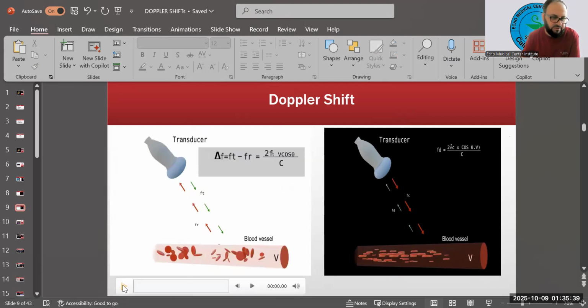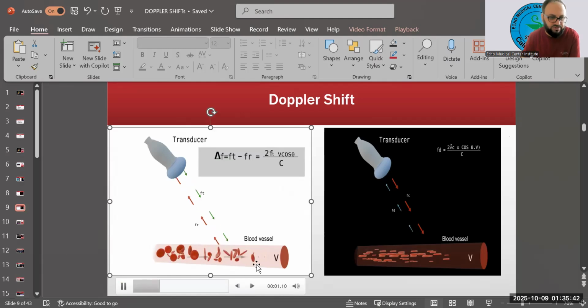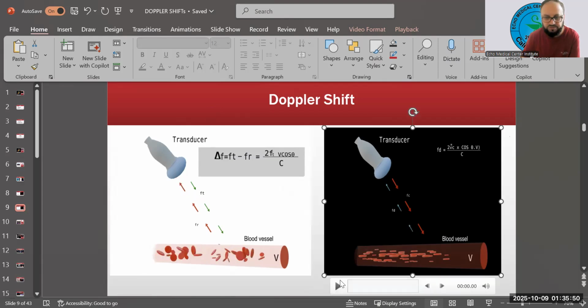That will be another example. Again, it's one of the examples you can see here too. You see the flow is coming towards here. And then you get stronger echoes from here. And here, if you look at this one, you see that you are using more transducer, higher frequency, but in the reception, in the return, you get thinner, smaller arrows.